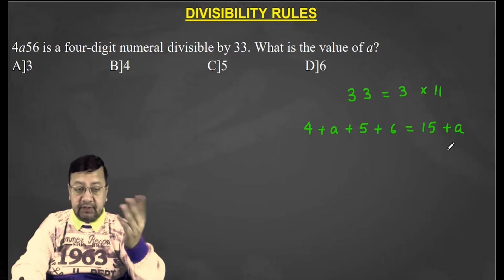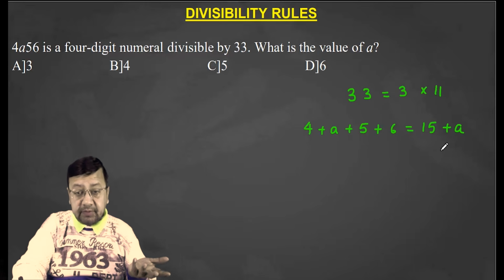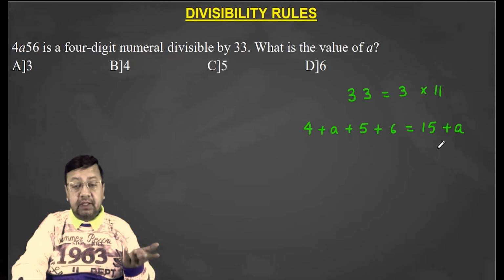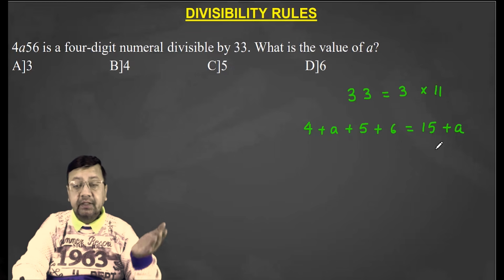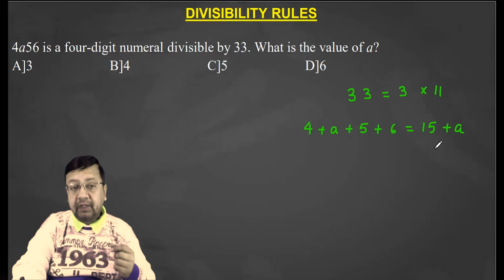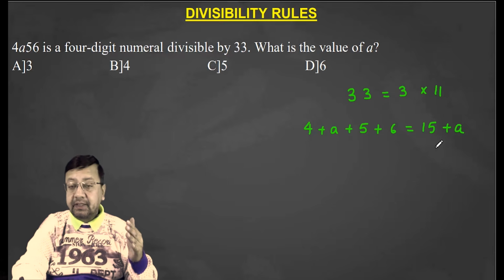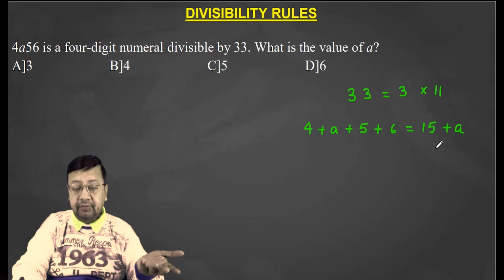So I have some options A, B, C, D. Now you can say 15 is divisible by 3. But see, if 15 is divisible by 3, I should have A as 0. But the option is not giving me this value, right? So I have to check a multiple of 3 which is greater than 15.